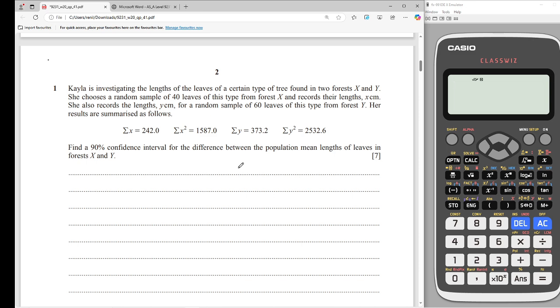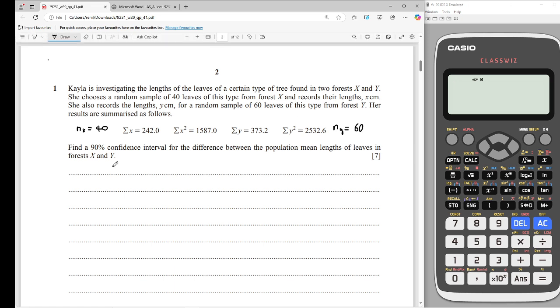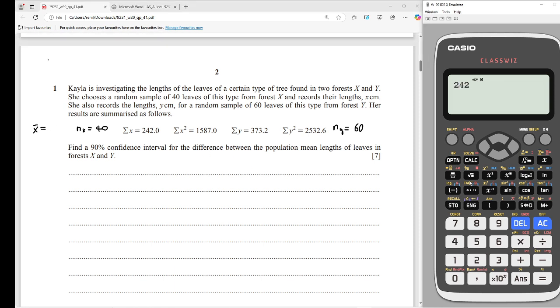Okay, so there is a formula to calculate the confidence interval, but before that we need to write down certain values. So the number of X terms equals 40 and the number of Y terms is equal to 60. Therefore we can find our sample mean of X, which is the sum of all the X values divided by the number of X values, which is going to be 6.05.